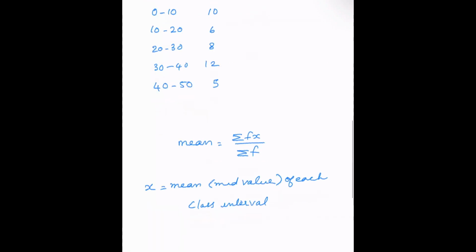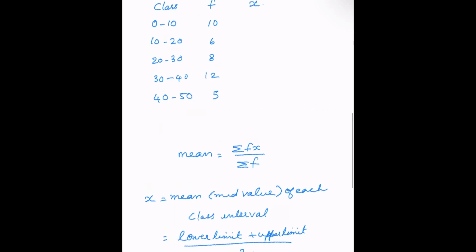And how do you calculate that mid value? That is lower limit plus upper limit divided by 2. This is the case whether the class interval is continuous or discontinuous.